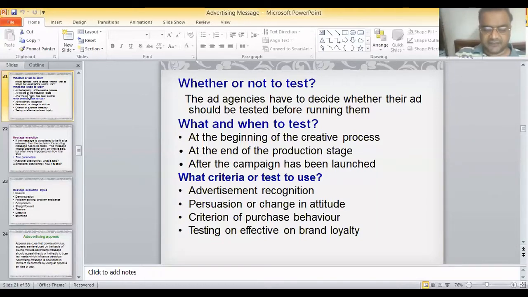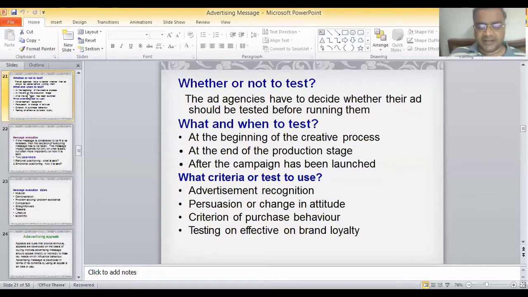So here also we have various methods. First one is the telephonic survey. Here what happens is that we randomly call various audiences, and we check whether that particular person has watched that advertisement and what his views are. We ask him to rate it on different parameters.